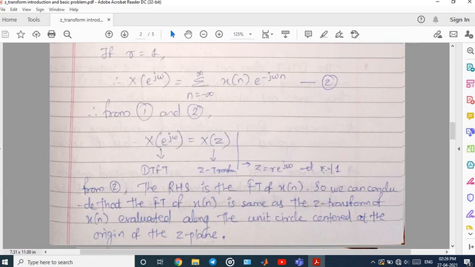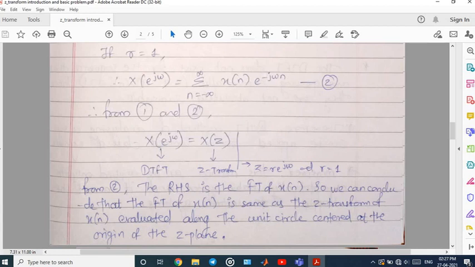So the discrete time Fourier transform and Z transform are equal only and only when r equals 1. From equation number 2, the right hand side is the Fourier transform of x of n, we already know that.